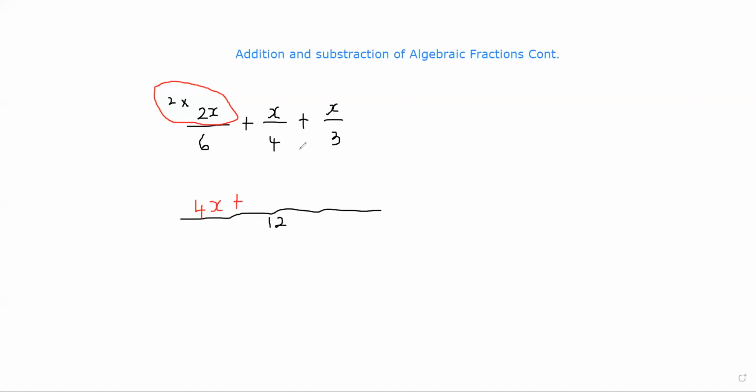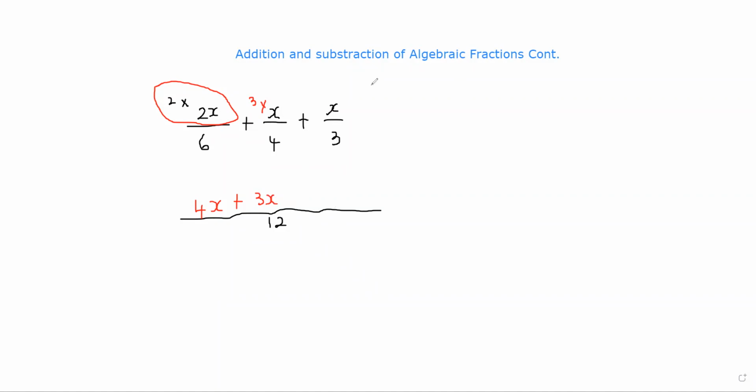Plus, then we do the next one. 4 into 12 is 3. So we multiply 3 times x and we get 3x. Everybody get that? Yes, sir.